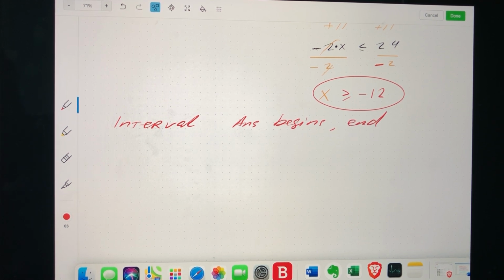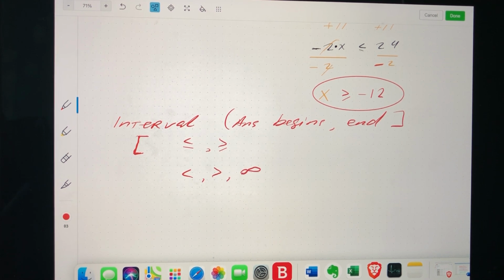And around these two numbers or symbols, we put either parentheses or brackets. And the bracket is put anytime we have the equal sign. So if we have less than or equal to and greater or equal to, we are putting a bracket around that number. Anytime we have just less than or greater than, or we're dealing with infinity, we put parentheses.